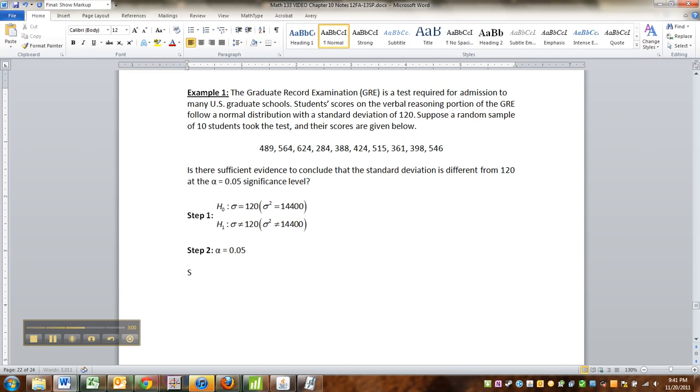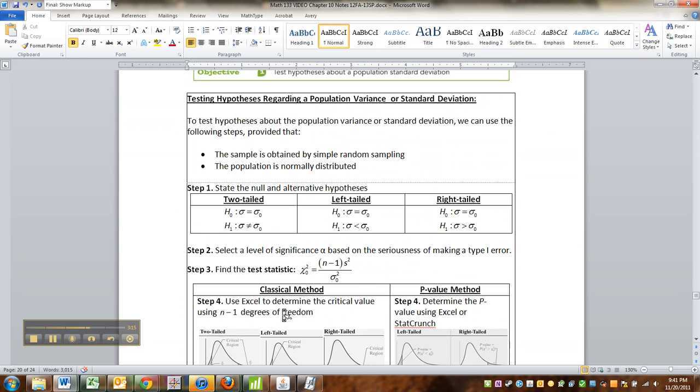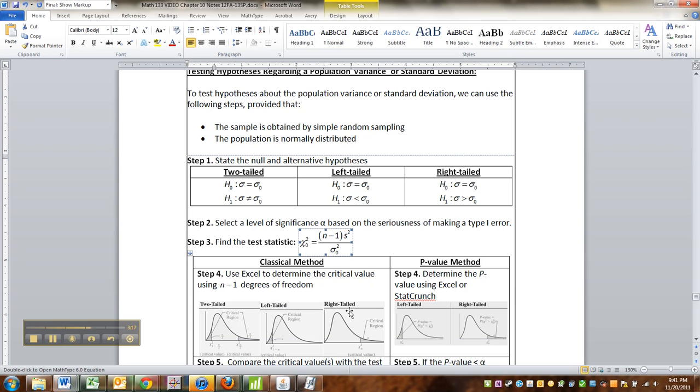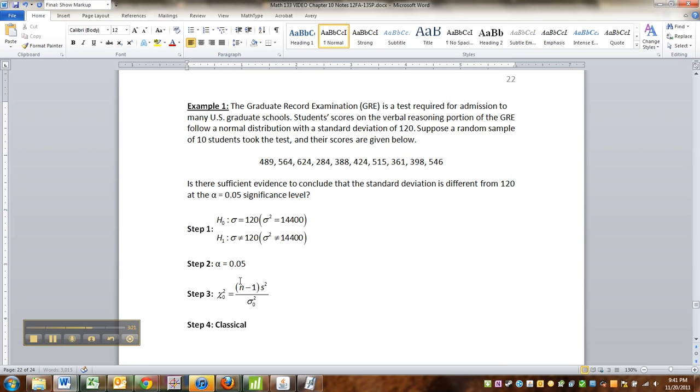All right, step 3. And then we'll do step 4 the classical way. And then we'll come back later and do it the p-value way. All right, step 3 is the test statistic. Whoops, I just went right by it. All right, so for the test statistic, we're going to need s.